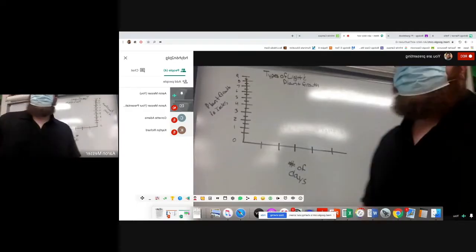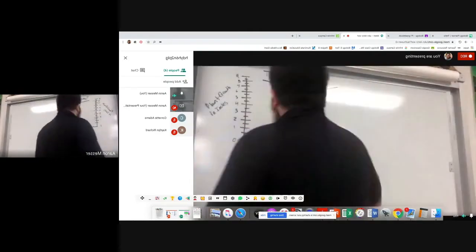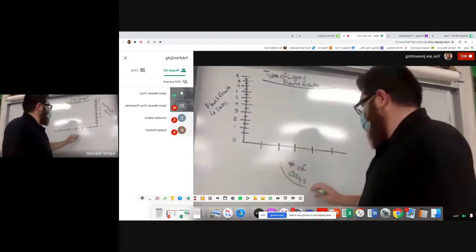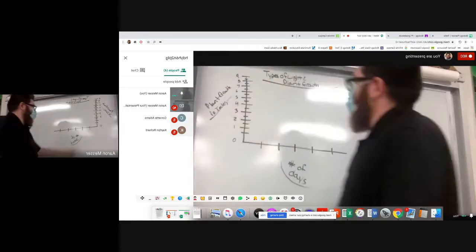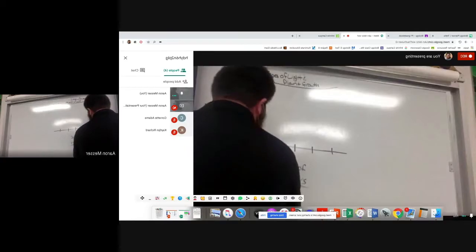So before we've even graphed any data, we've made a title at the top, axis labels on both sides. We've determined our scale, which is days.